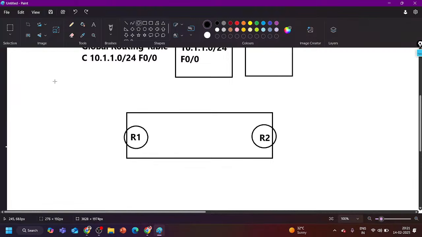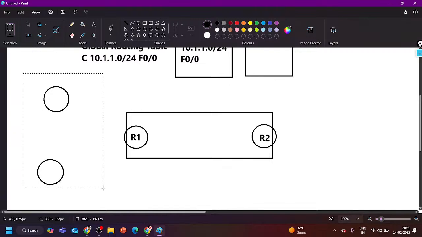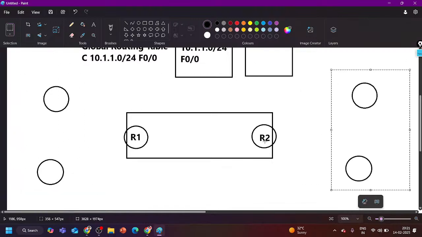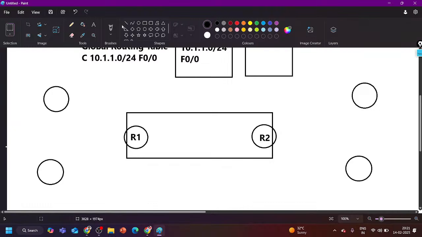And now, for example, two customers are there, customer A and let's say customer B. These two are side 1 of customer A and customer B, and here is the other side. Same example. The same provider router is going to connect two customers over here.